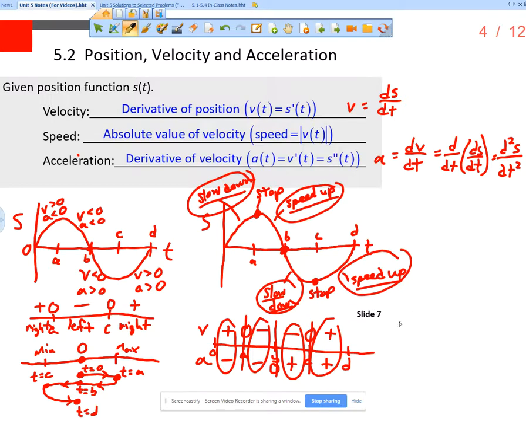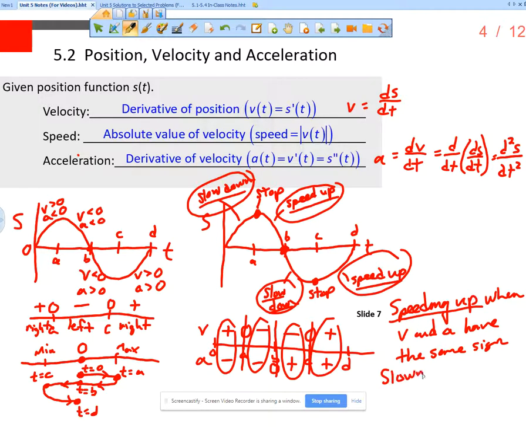So generalize for yourself. Speeding up when V and A have the same sign. Okay, so that's speeding up.